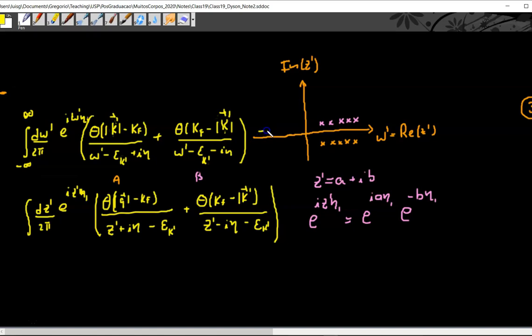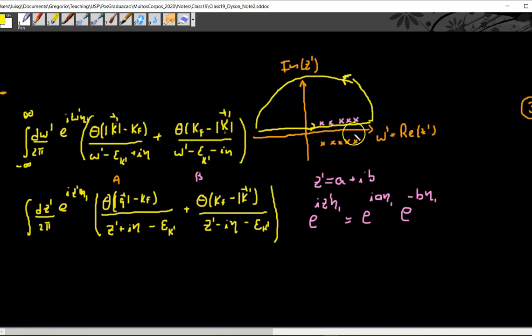So let's take this and then goes this way, right? Like this and like that, and encloses only these poles here.